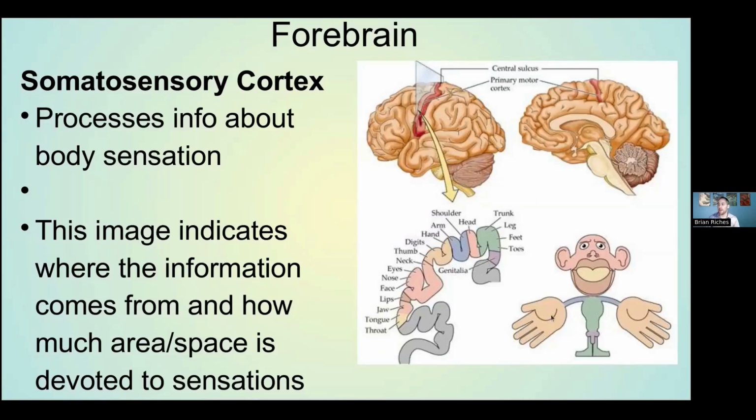We also have comparative size-wise, a lot more area devoted to our genitals in the brain. You can see that here as opposed to, say, the legs. The legs are a much bigger area of the body, but there's a lot of brain area devoted to like the genitals, the face, and the hands, and specifically fingers as well, to get sensory information from around us.